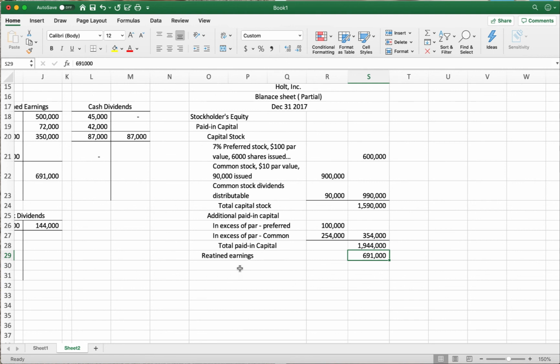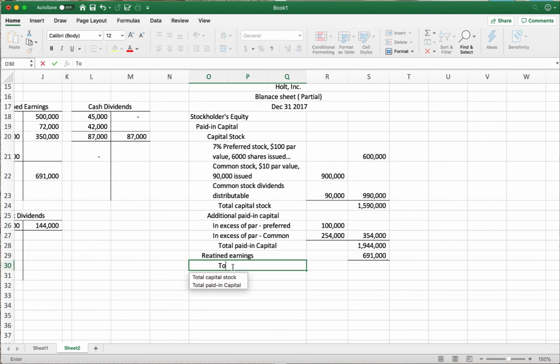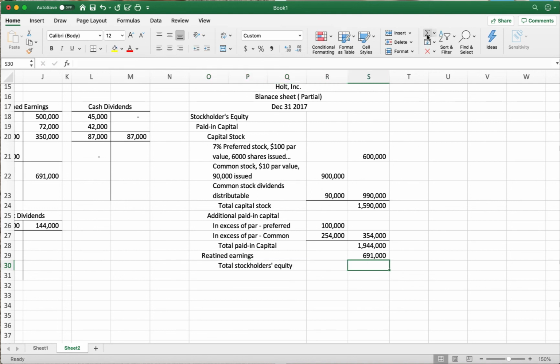So indent 5 times: 1, 2, 3, 4, 5. And say total stockholders' equity. And that is going to be the total paid-in capital plus the retained earnings.